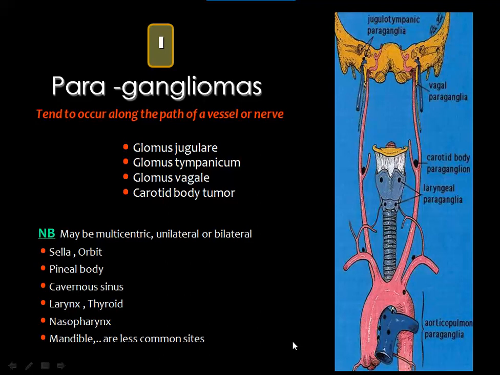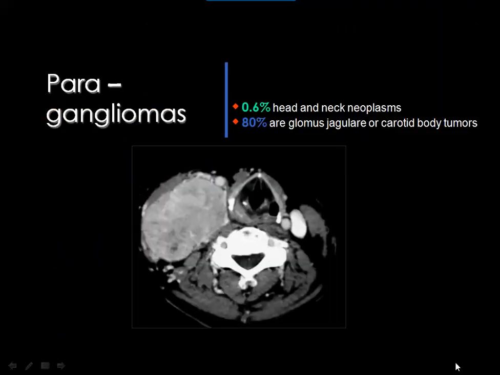These sites are less common, and you remember that the chemodectoma or the glomus tumors can be unilateral and can be bilateral. The paragangliomas represent about 0.6% of head and neck neoplasms, and 80% of these lesions are located in the jugular fossa or at the site of the carotid body tumor between the bifurcation of the vessels.